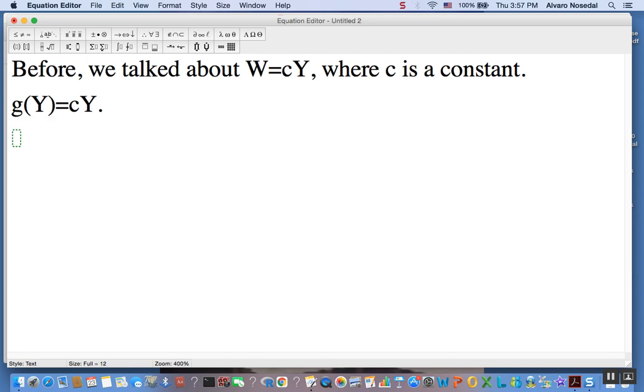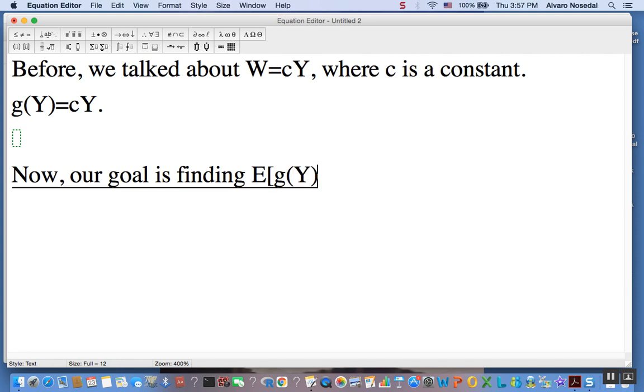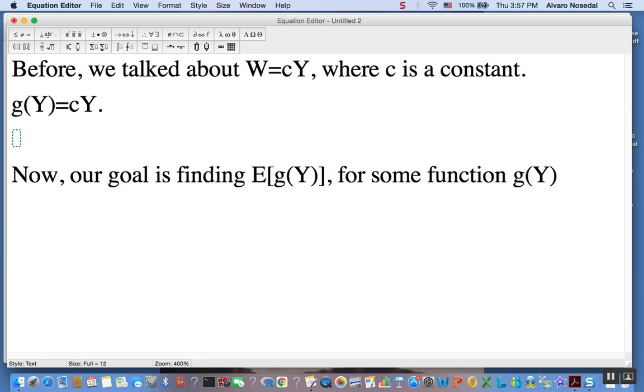So now our goal, our objective, is finding the expected value of g of y for some function g of y. Not necessarily something like a constant times y, but a more general transformation. Make sense? Okay, so that's today's objective.